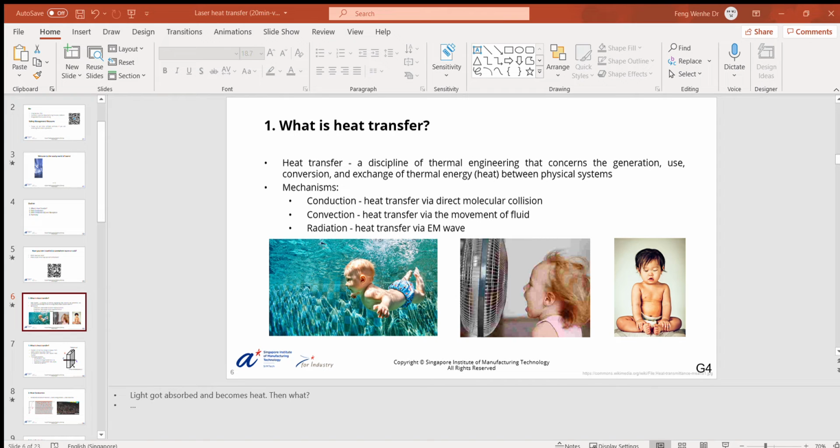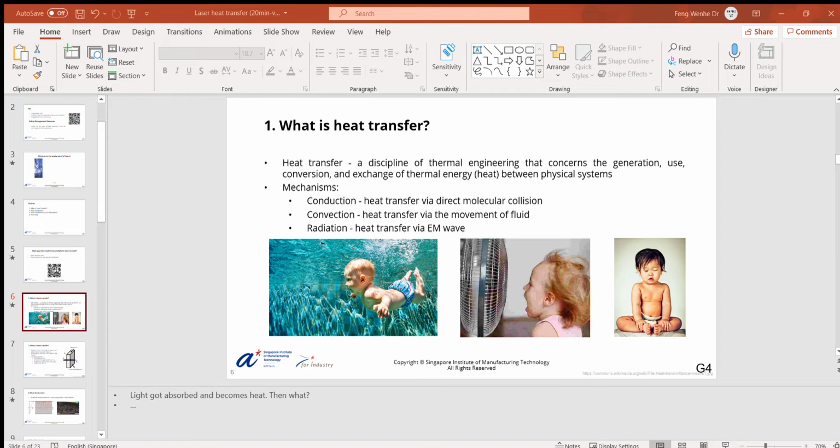Okay, here comes the first equation of the day, which is known as Fourier's law of heat conduction. It defines the heat transfer rate, Q equals minus k times A times dT over dx. It means it is proportional to the thermal conductivity as well as the area of thermal conduction, and is also proportional to the ratio of the difference in temperature divided by the distance between the two surfaces.